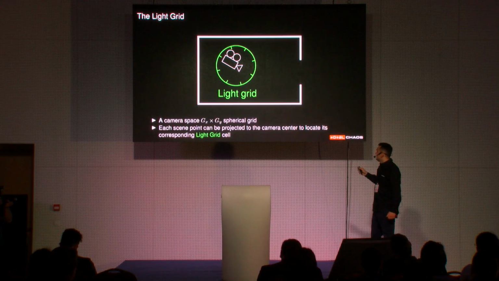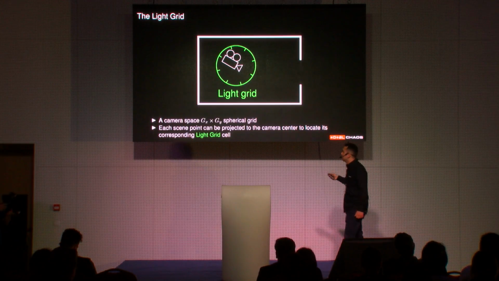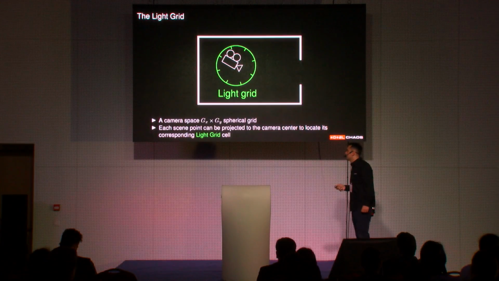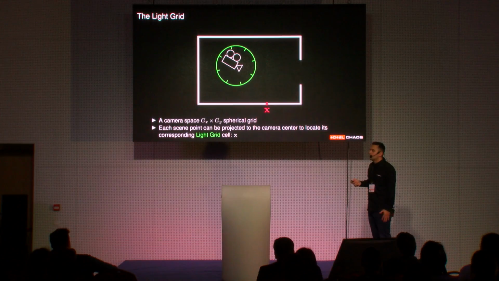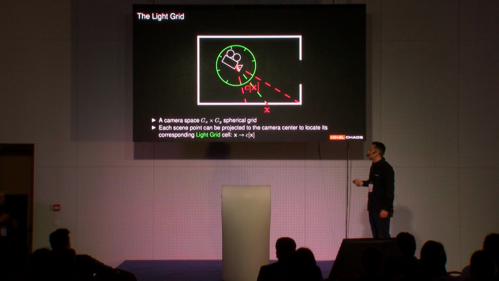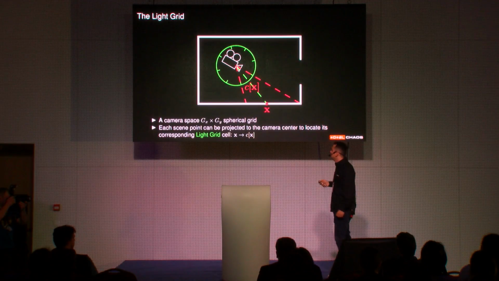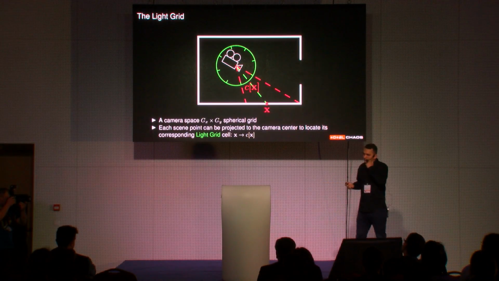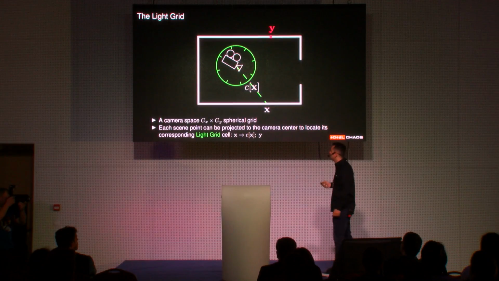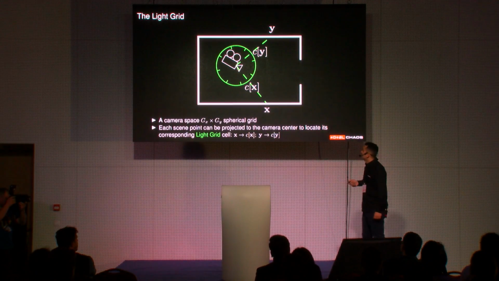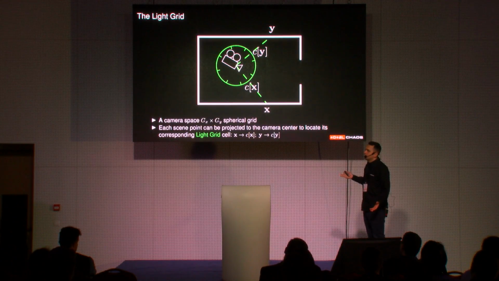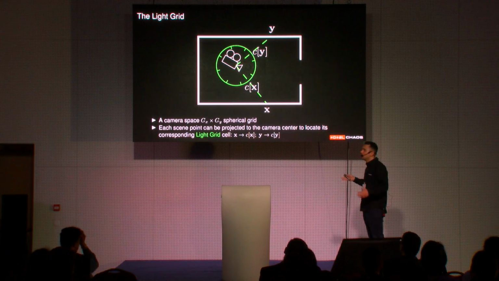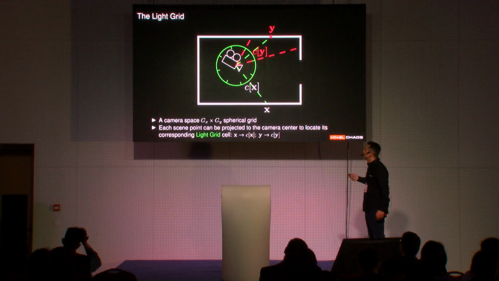So the white grid, as I said, is a spherical grid which is in camera space around the camera, and any point in the scene can be projected to this grid, and each point from the scene belongs to a particular grid cell, like this. And so this light grid basically subdivides our whole scene into regions, into these red regions.